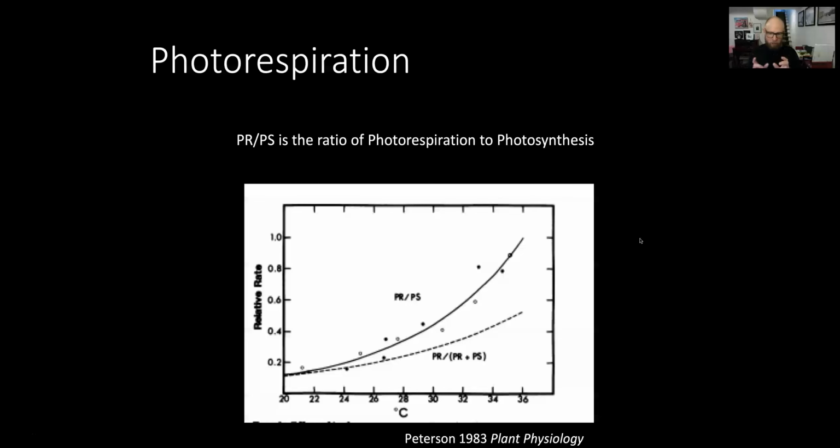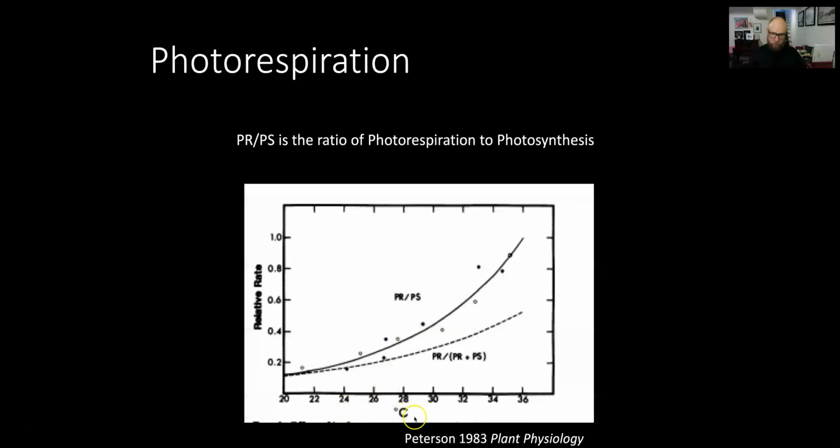So under cooler temperatures, let's say around 20 degrees, Rubisco fits best with CO2, and that's why it reacts with it more frequently. But oxygen can kind of fit in there, and so it does react with oxygen once in a while. As you warm up this enzyme, though, it changes the structure enough that it reacts more frequently with oxygen. And that's why we see this exponential curve here.